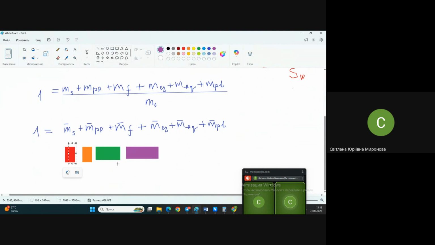What does it mean? Look, for instance, let green be fuel. And imagine that someone said, I'd like your airplane to fly 1000 kilometers longer. I'd like to increase the range. And remember that this one must be constant. How may we solve this problem, at least in our preliminary design?